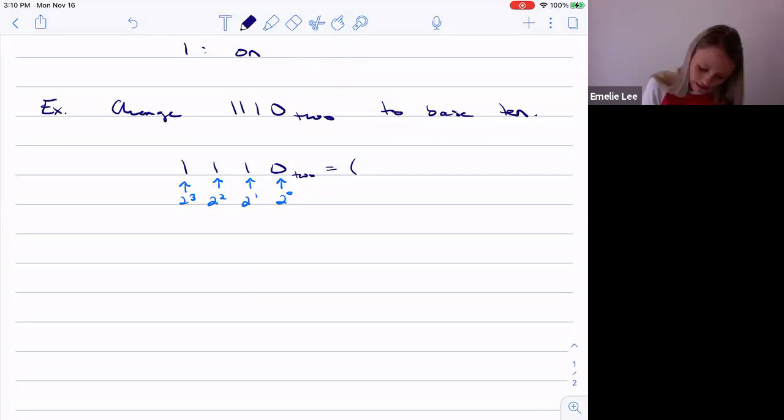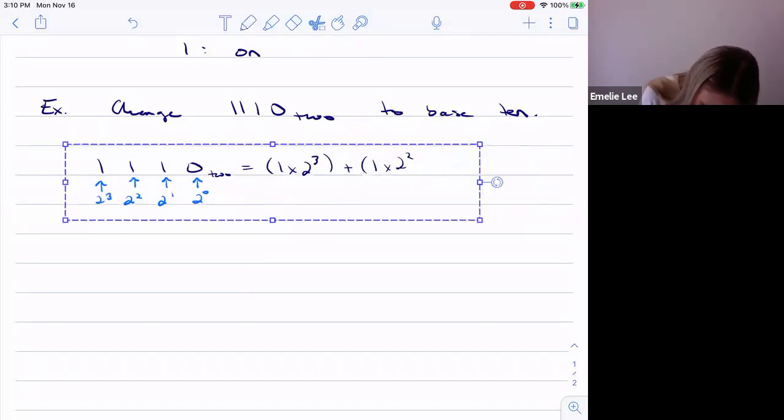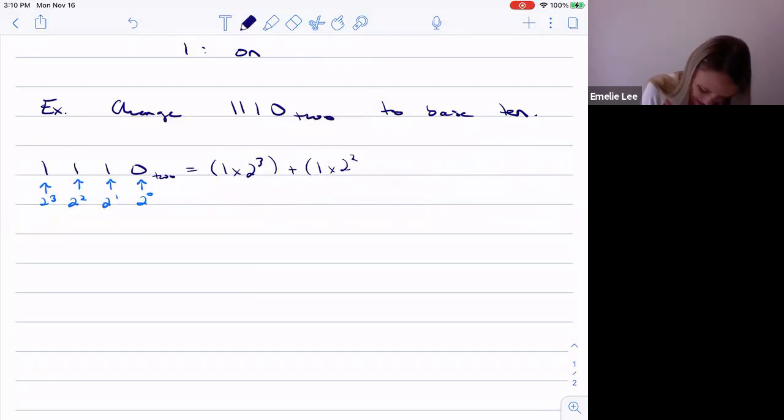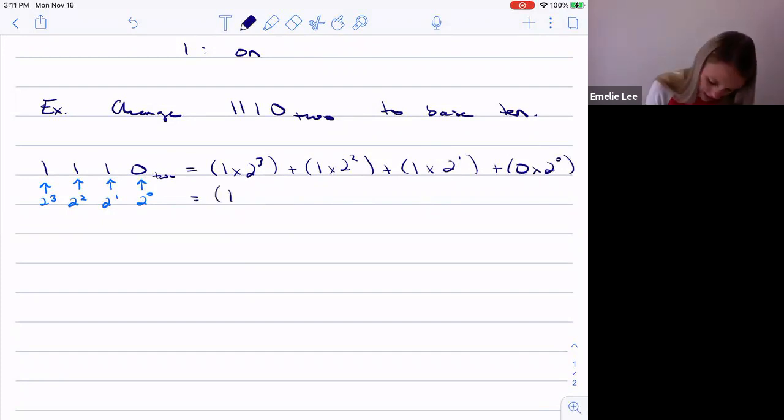I just did it. So 1 times 2 to the power of 3 plus 1 times 2 to the power of 2. And I'm going to scoot this over because I need some more space. 1 times 2 to the power of 2 plus 1 times 2 to the power of 1 plus 0 times 2 to the power of 0. This is 1 times 8.